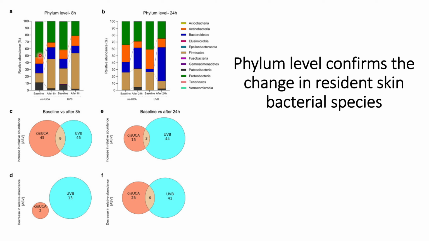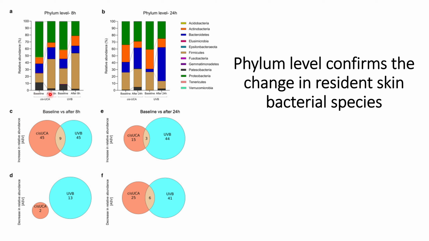So first we will discuss the results of this phylum label at 8 hours and compare it with the baseline. In the baseline they are able to see that most of this resident bacteria belongs to the proteobacteria, and the other bacterial species are almost equally divided into four different phyla: actinobacteria, bacteroidetes, firmicutes, and patescibacteria.